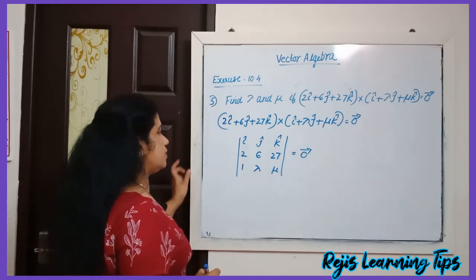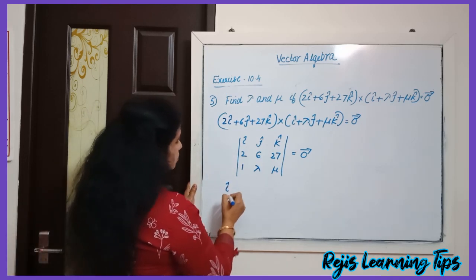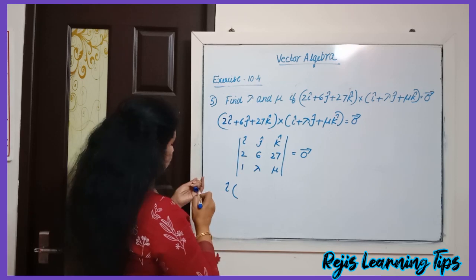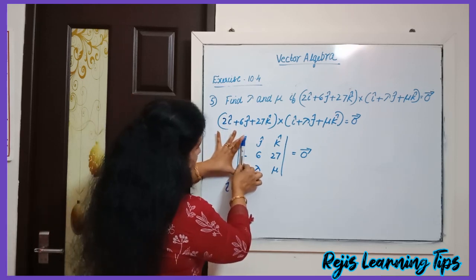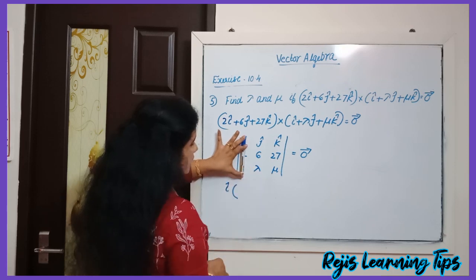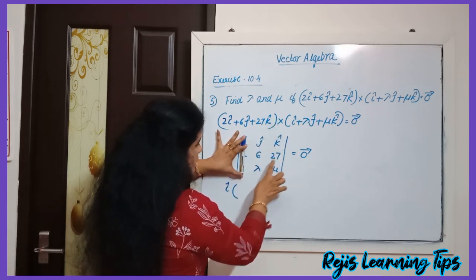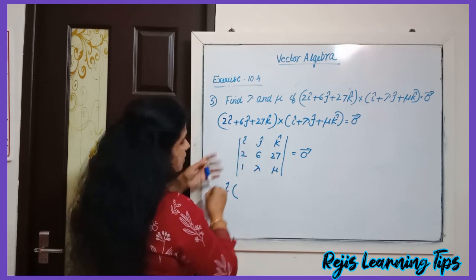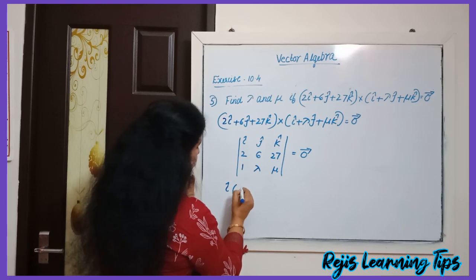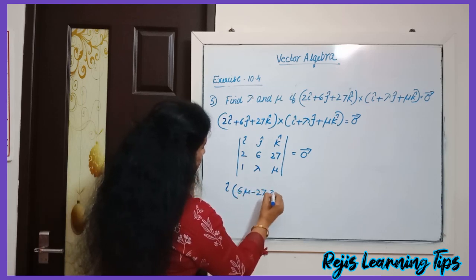Then we can expand. As we studied in the last class, for i cap we remove this column and this row. Then we get the determinant 6 27, lambda mu, that is 6 mu minus 27 lambda.